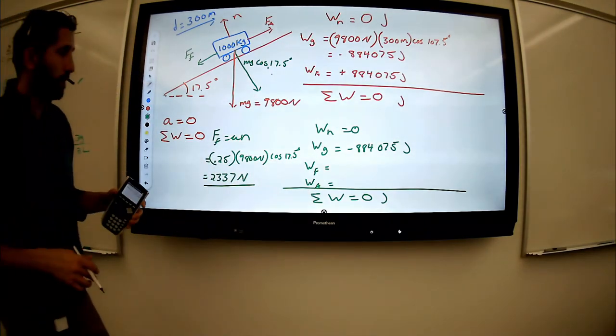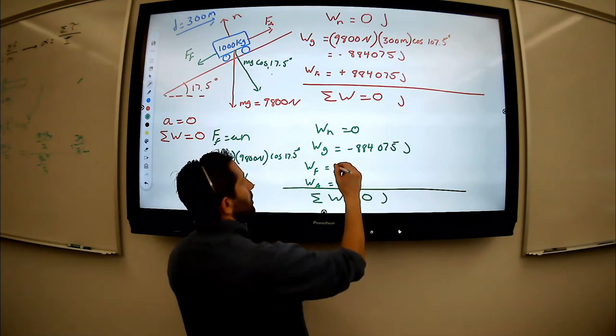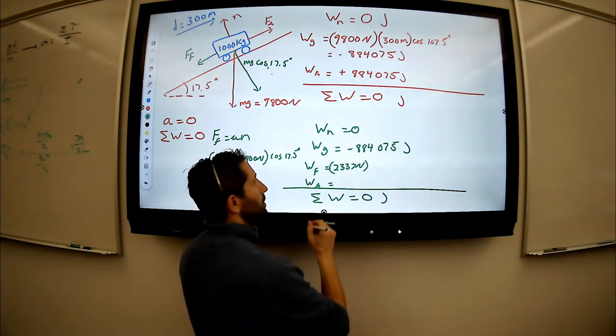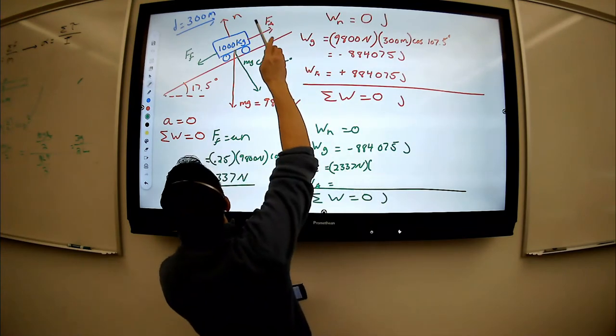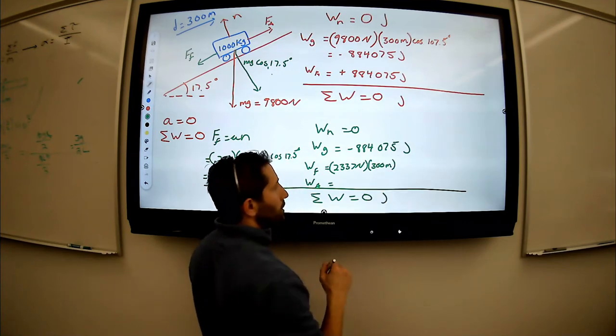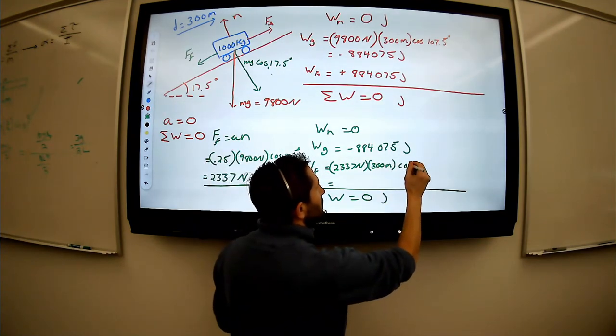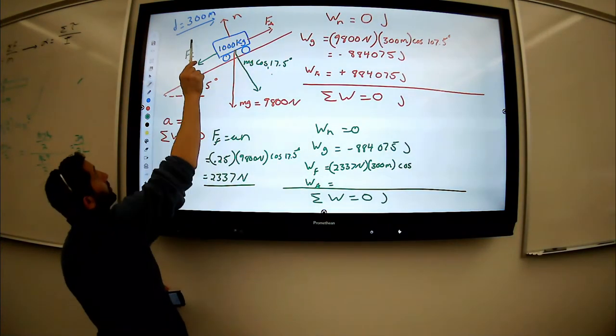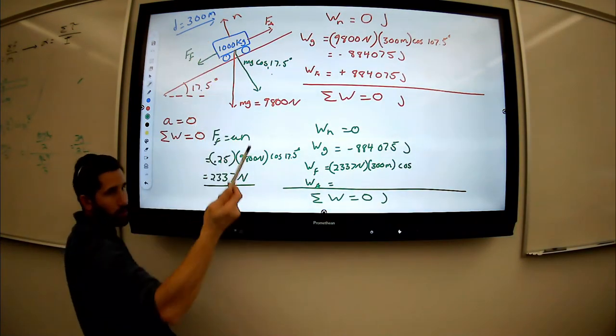But now I can do it. So I'm going to go 2337 newtons times the displacement, which is 300 meters, and the cosine of the angle between the force of friction and the displacement. The angle between those two, they're opposites.